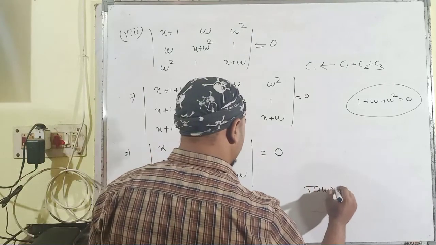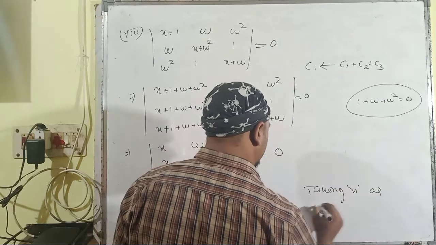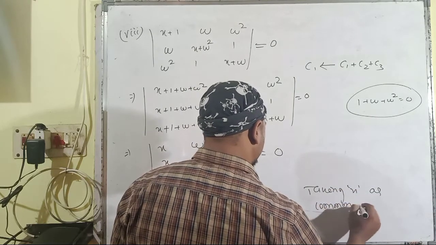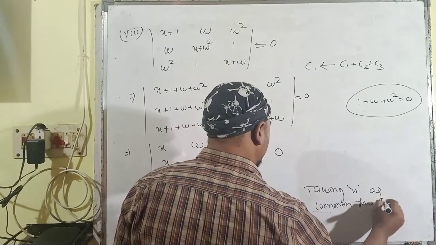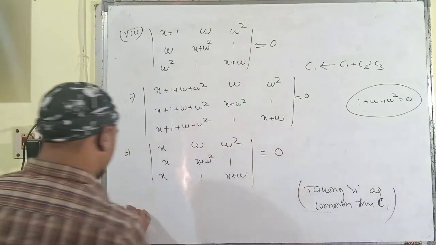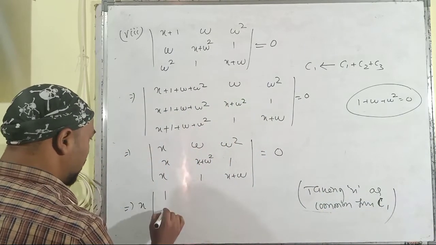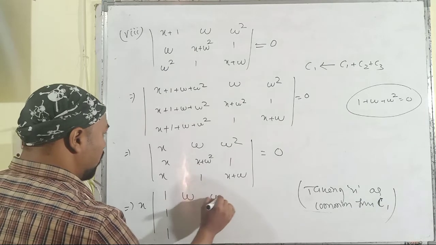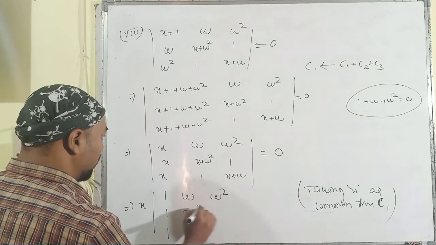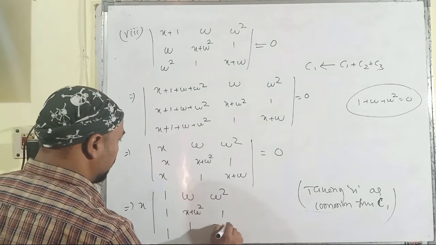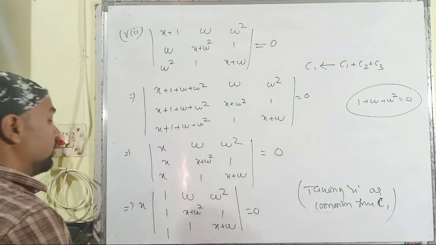Taking x as common from column 1, we have x multiplied with 1, omega², x + omega², 1, and 1, x + omega, and this is equal to 0.